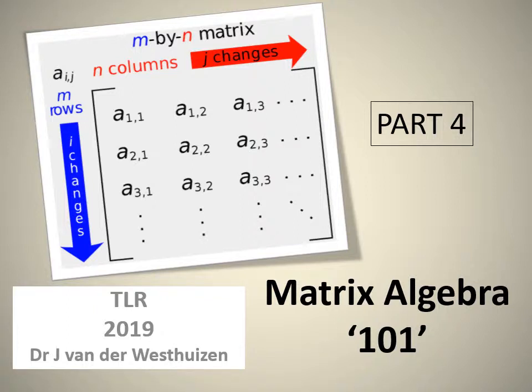Part 4 is a very important part because we will get closer to the real reason why we're using matrix algebra, and the role that the inverse plays in calculating unknowns, where we have the same number of unknowns as the number of equations, enabling us to calculate the real values of these unknowns.